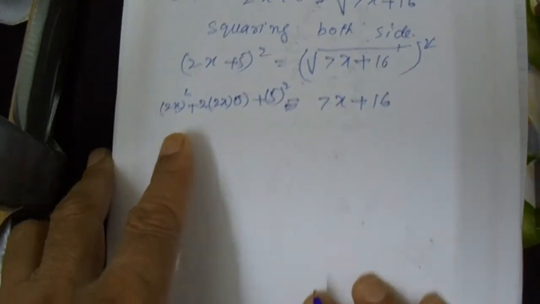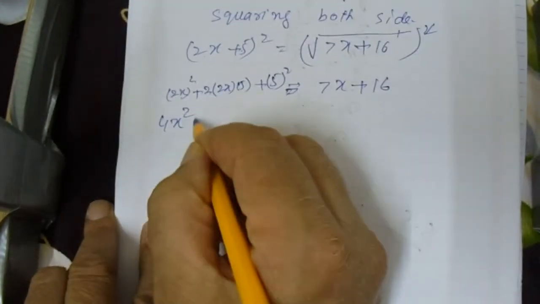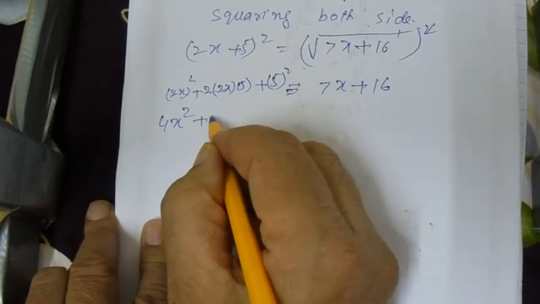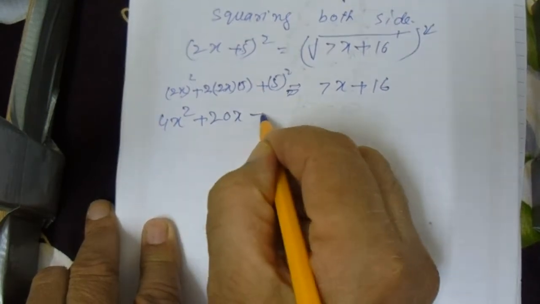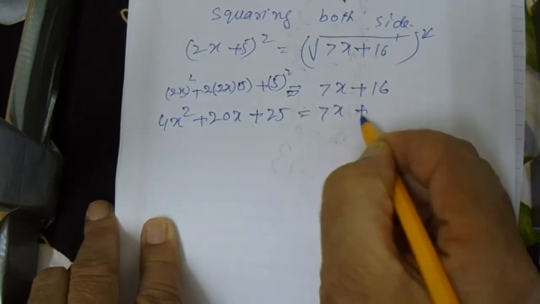Now we write again on the left hand side: 4x square plus 2 times 2 is 4, 4 times 5 is 20, 20x plus 25 is equal to 7x plus 16.